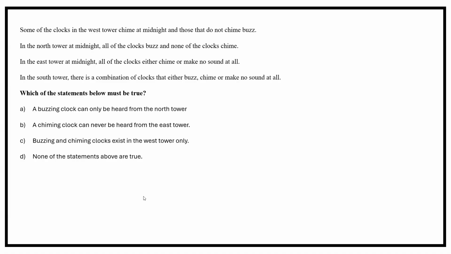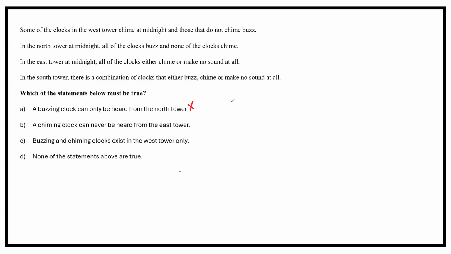Okay. So it says some of the clocks in the West Tower chime at midnight, and those that do not chime buzz. And then it says a buzzing clock can only be heard from the North Tower. So that must be wrong because it can buzz from the West Tower. Perfect. And then it says in the North Tower at midnight, all of the clocks buzz and none of the clocks chime.